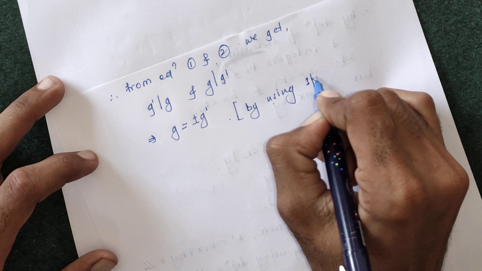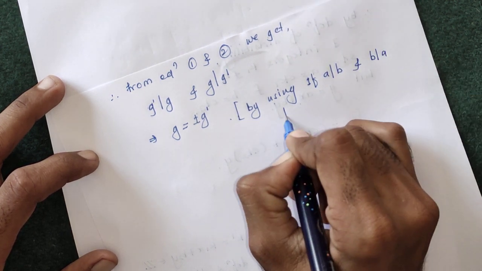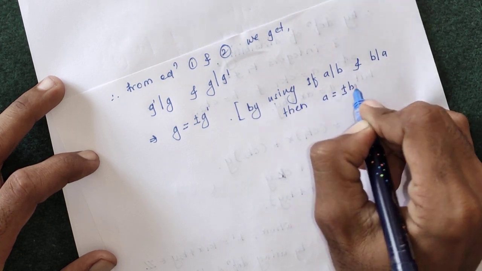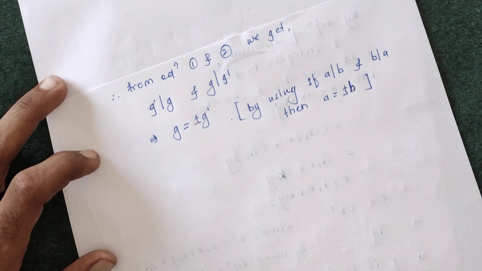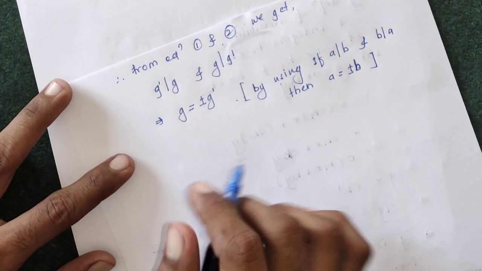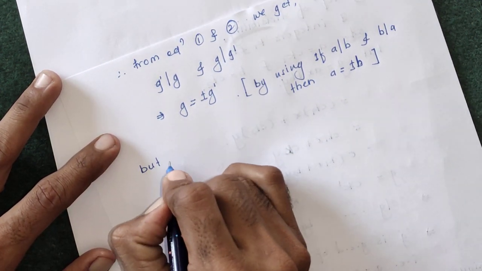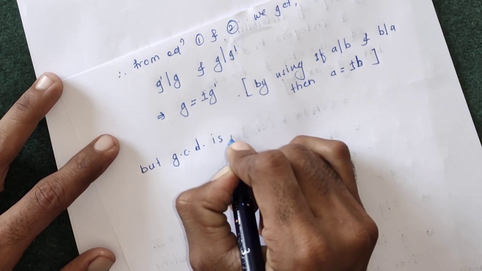By using this result, we get g is equal to plus or minus g prime, but GCD is never negative, GCD is always positive.